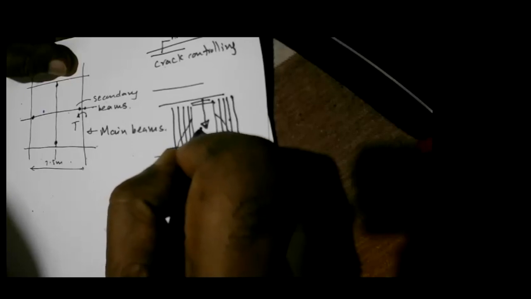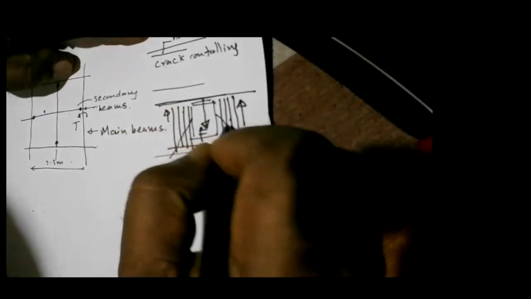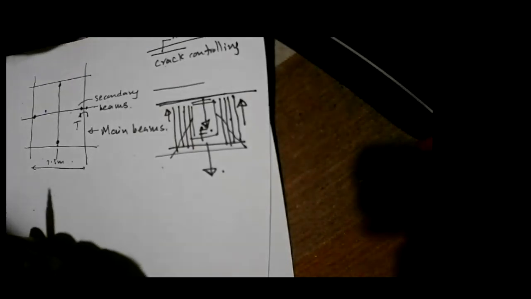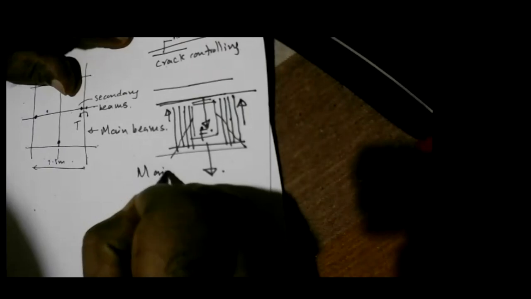You have to have a lot of links, sufficient to transfer all this load, so that the load is now suspended from the top of the main beam. This is the main beam.